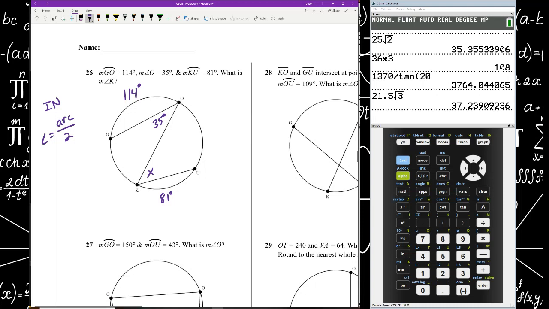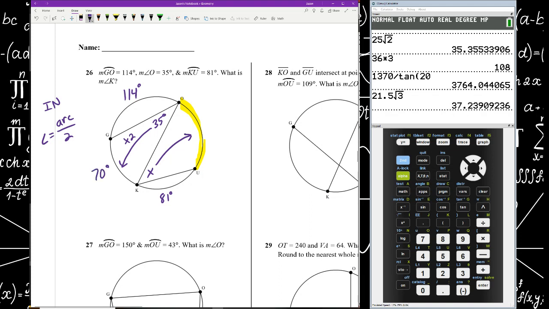To find that arc, we need to find all the other arcs because we know all of them add up to 360. If we are told that this angle is 35, going from angle to arc, instead of dividing by 2, we multiply by 2, giving us 70 degrees.